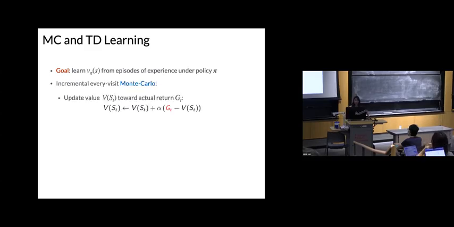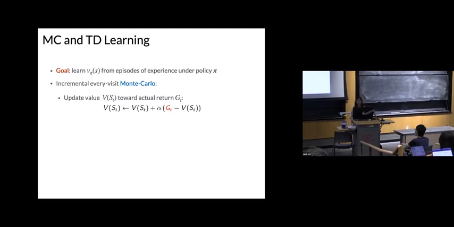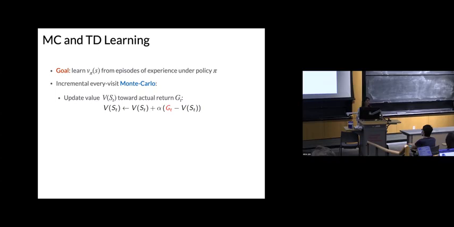Just to remind you, this was the way we would compute estimates of these value functions, capital V. We always use capital letters to denote estimates. We have a present estimate, V, of a particular state, and each time we have an experience, a trajectory, which is a sequence of states, actions and rewards, and a particular state shows up in our experience, we compute the return, which is the sum of rewards from that state onwards till the end of the trajectory.